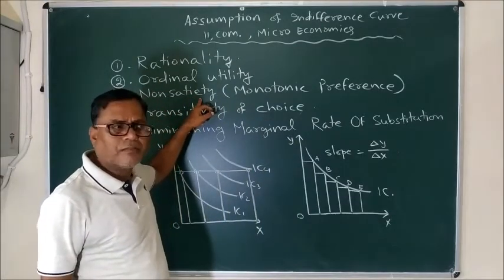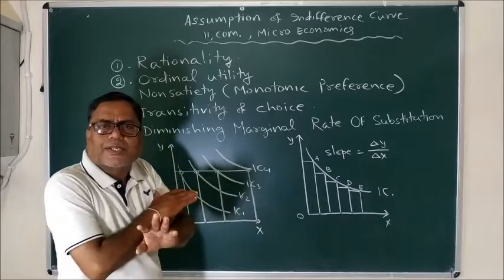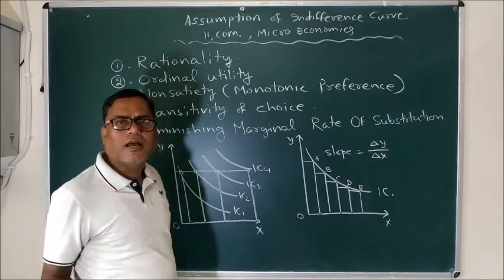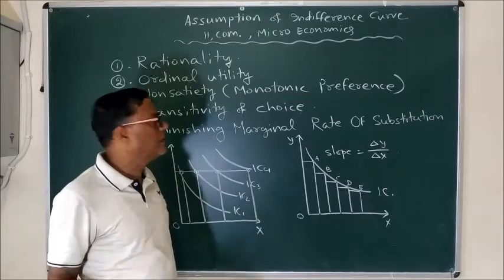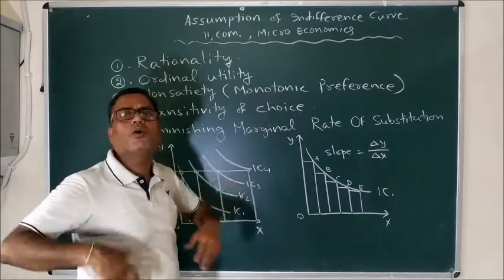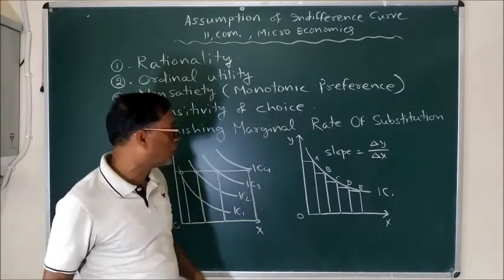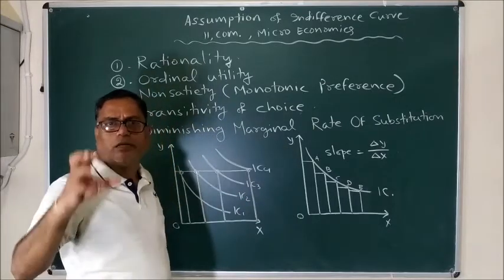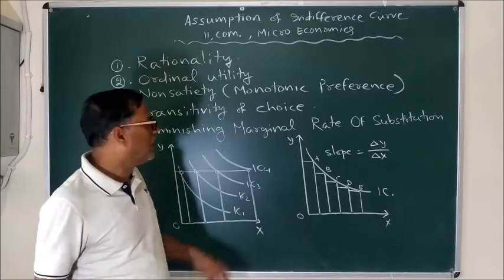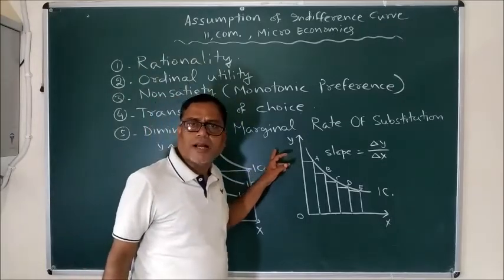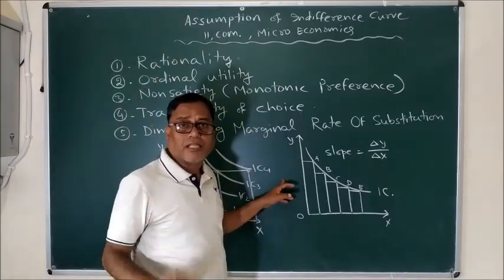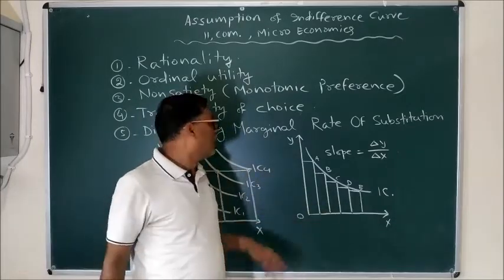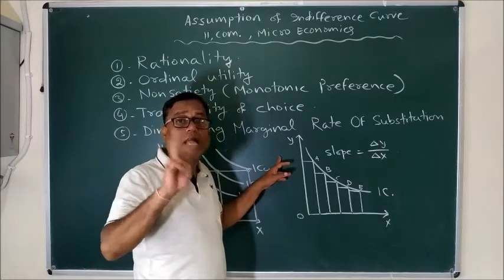Non-satiety means our consumer is never satisfied and he always wishes to get more and more of both the goods. But is it possible? Here the budget is limited and fixed, the prices of X and Y are fixed, and the consumer is spending all his money on the two goods X and Y.